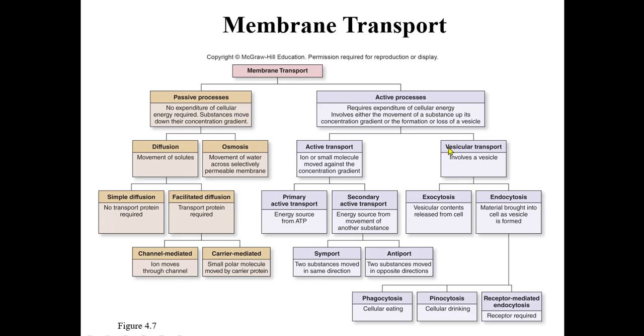Then over here for vesicular transport, we've got exocytosis, which is shooting stuff out of the cell. And then endocytosis is for getting things into the cell. So exo is out, endo is in. Now under endocytosis, I have phagocytosis. That's what white blood cells do.